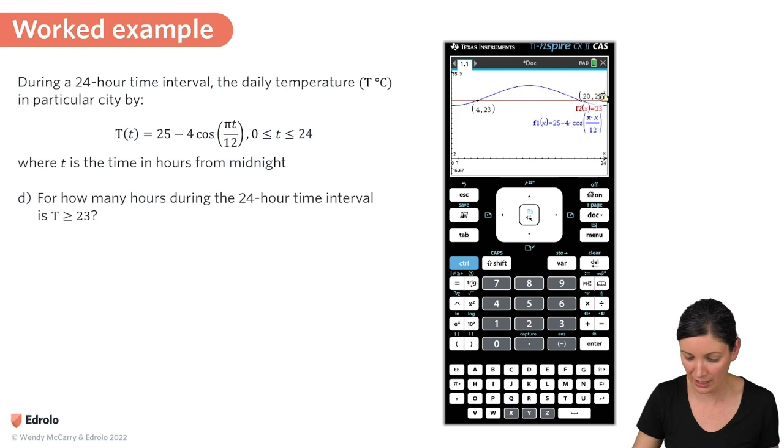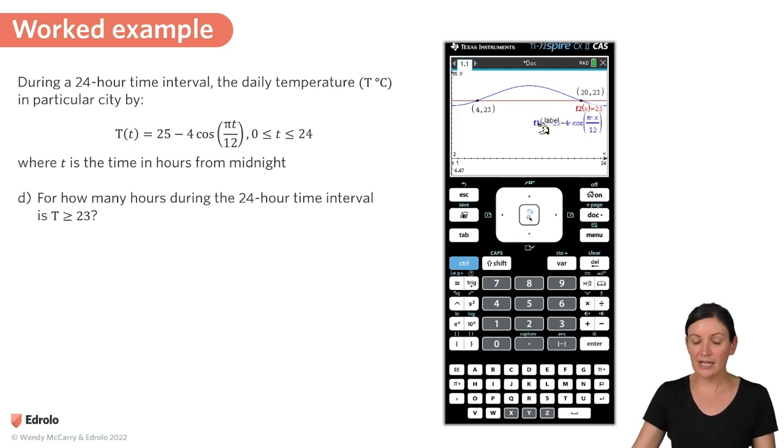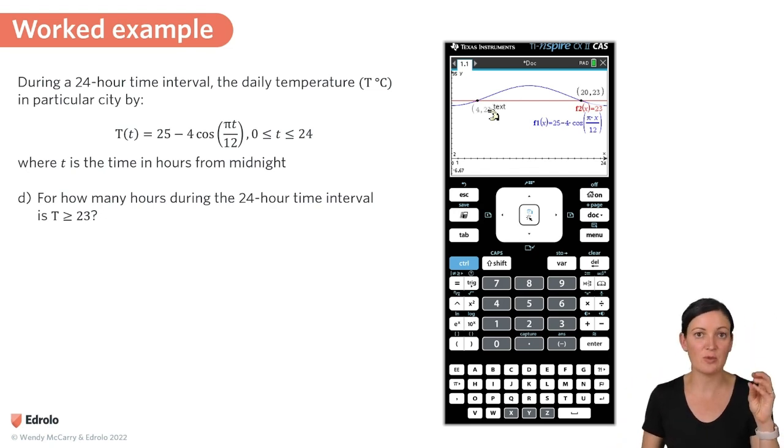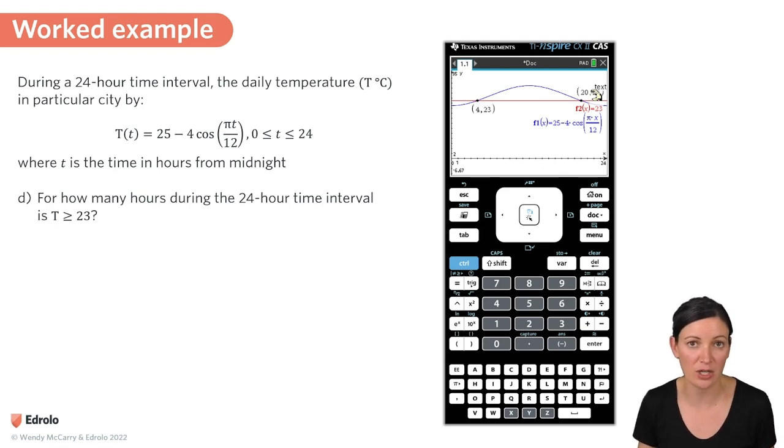And I'll just move that a bit so we can see it. So we can see that the second intersection point is at (20, 23). So the temperature is above 23 degrees between the times when t equals 4 and t equals 20. So the difference between those two would be 16. So the answer to that question would be 16 hours.